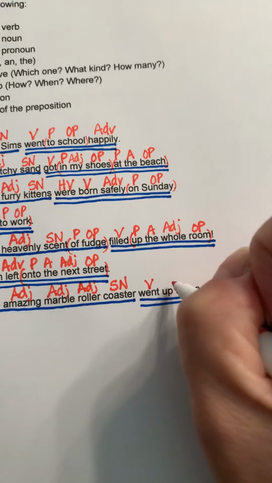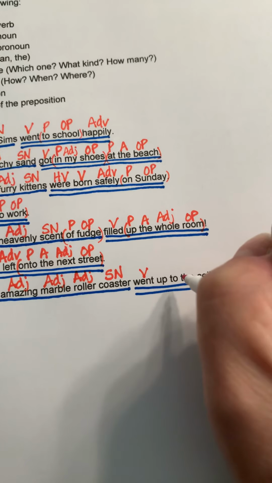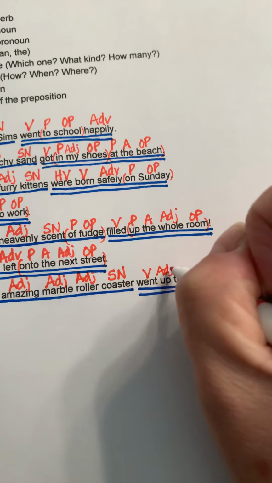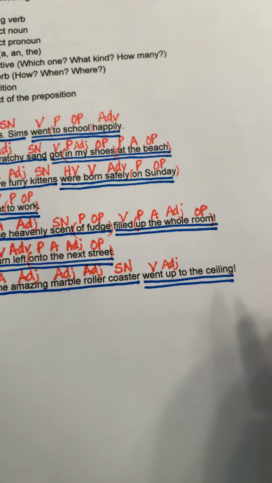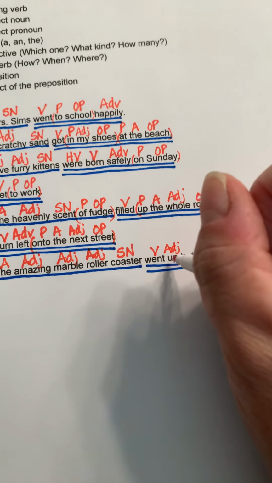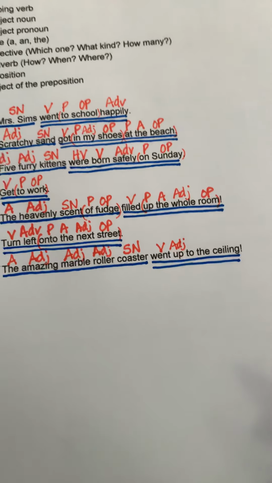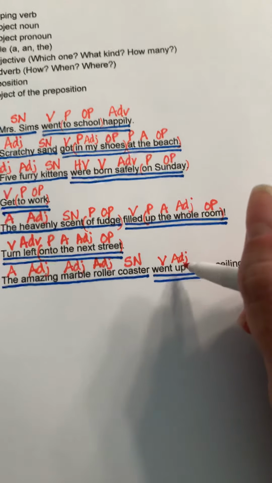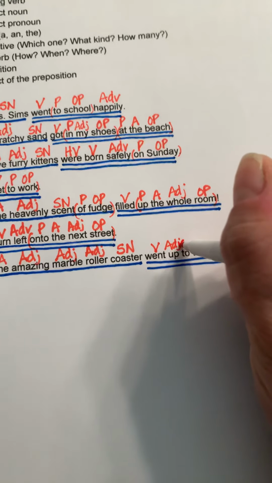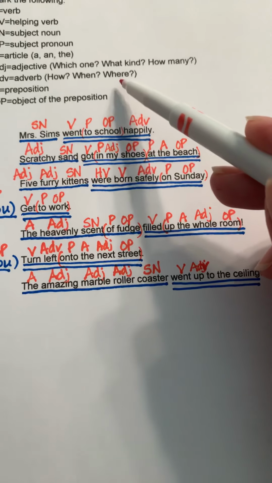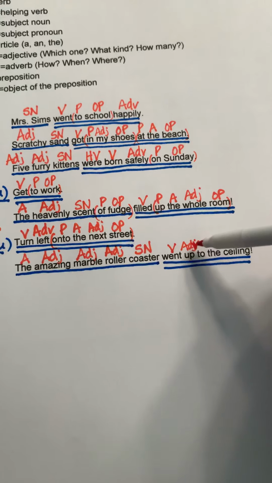And then you see went where? Now sometimes up is a preposition, but it has to have an object. So if it's went up what? Well, it didn't go up anything. It doesn't tell you. There's no object to go with it. So, oh, and that's not an adjective, sorry, adverb. So we have to ask one of these adverb questions. Where did it go?